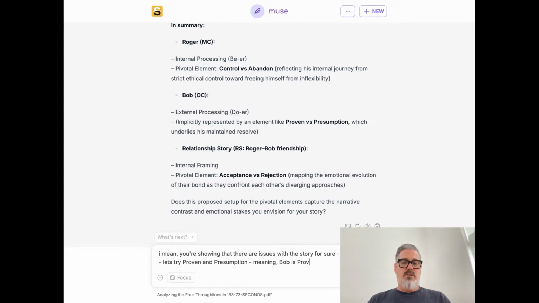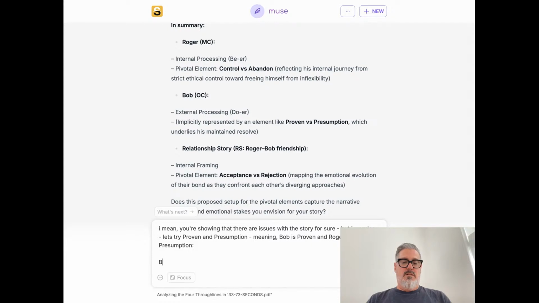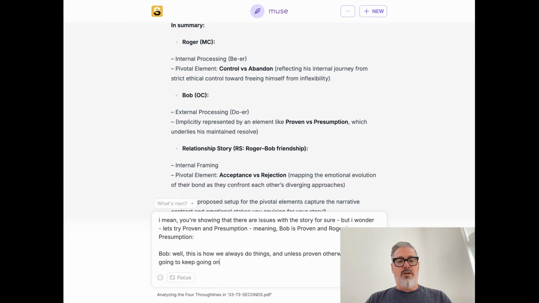Bob is proven, and Roger is presumption. The way I'm thinking of that is, Bob would be someone who would be like, well, this is how we always do things, and unless proven otherwise, we're going to keep going on.